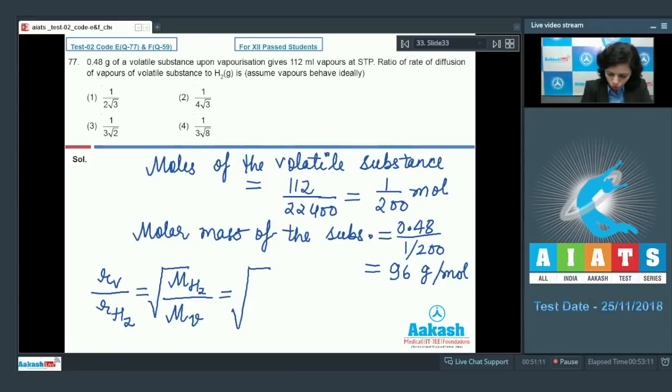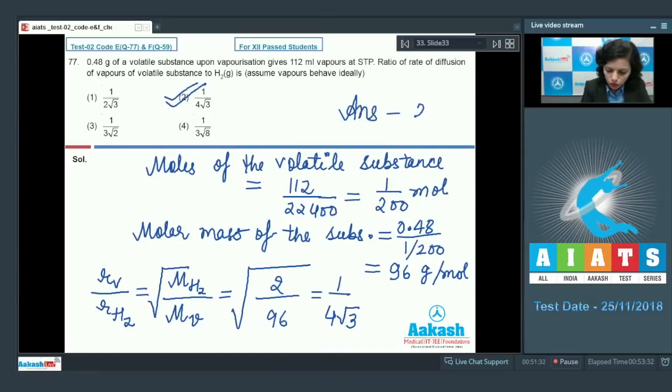So that would be equal to root of 2 divided by 96, and it would be equal to 1 by 4 root 3. And where is it given? It's given in option 2. That's why this is the correct answer for this particular question. After this, it's time for the next question.